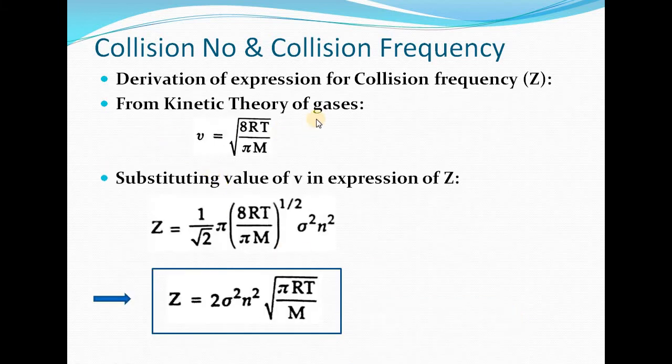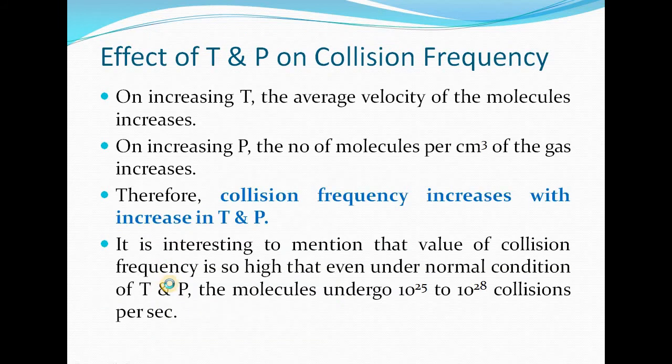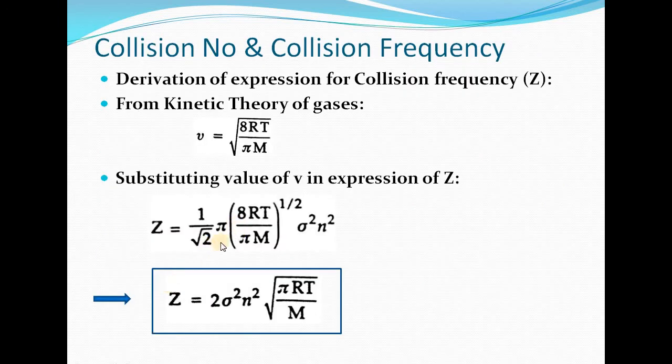Now from kinetic theory of gases, we very well know the average velocity is given by this expression, where average velocity is square root of 8RT by pi m. So substituting the value of this average velocity in the expression of collision frequency, we get Z equal to 1 by under root 2 pi times square root of 8RT by pi m times sigma square n square.